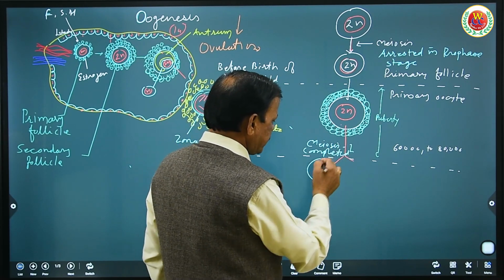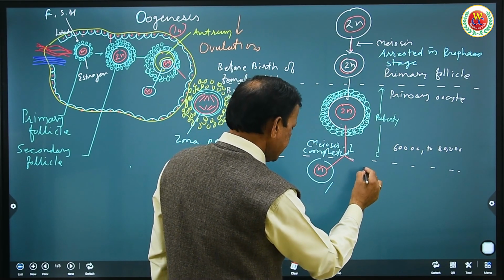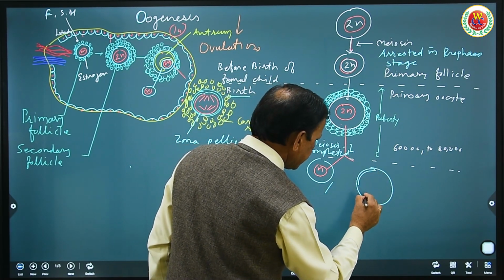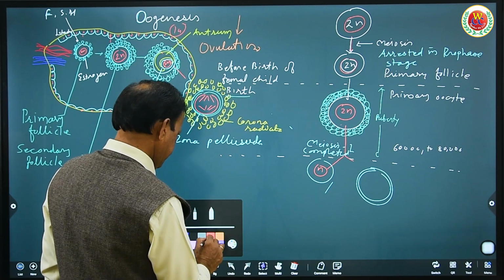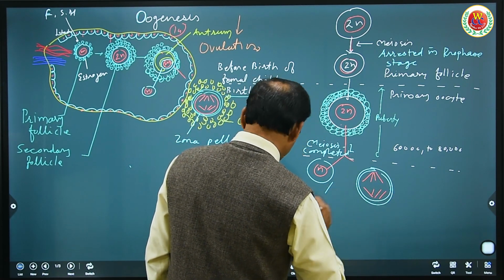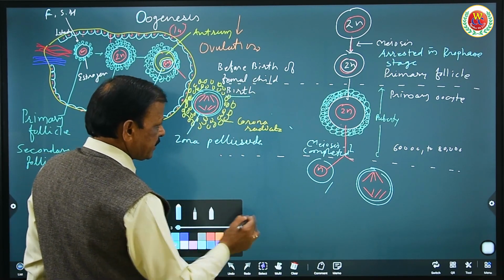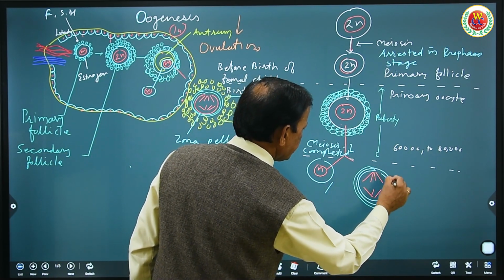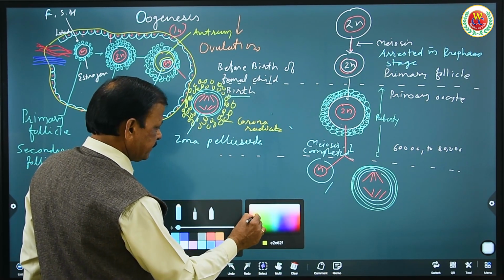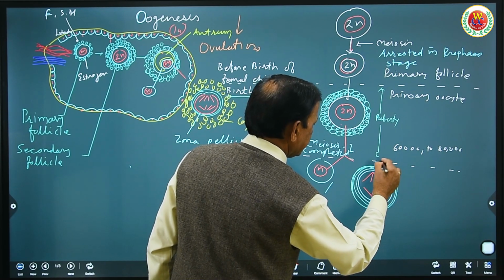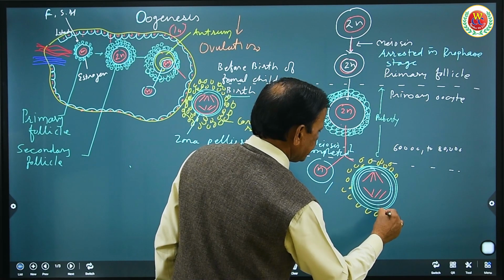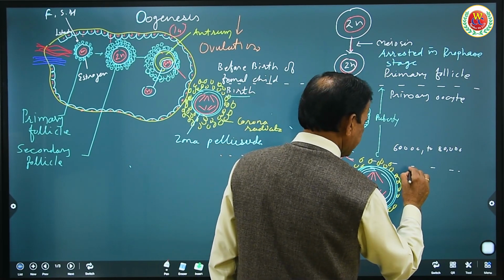This first meiosis occurs, first polar body is produced, and this secondary oocyte arrested in metaphase stage is released off with zona pellucida around it, and a corona radiata layer. This is secondary oocyte which is released on 14th day, arrested in metaphase stage.